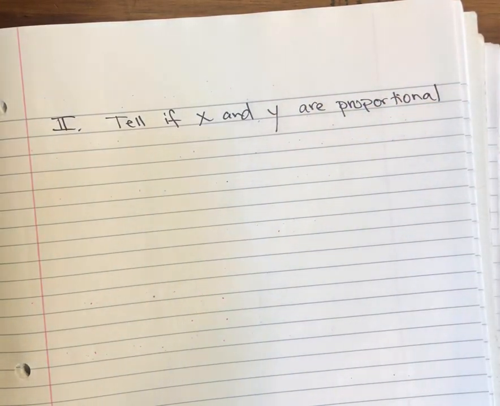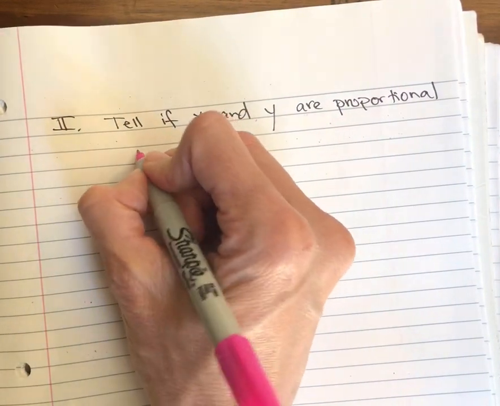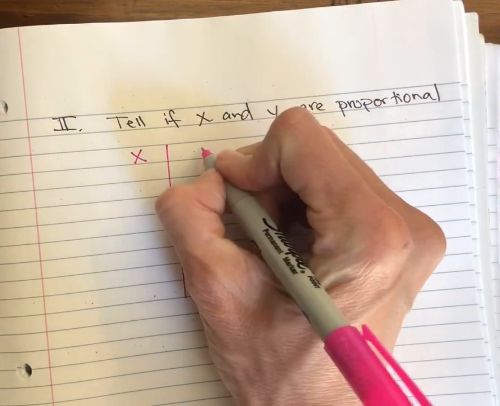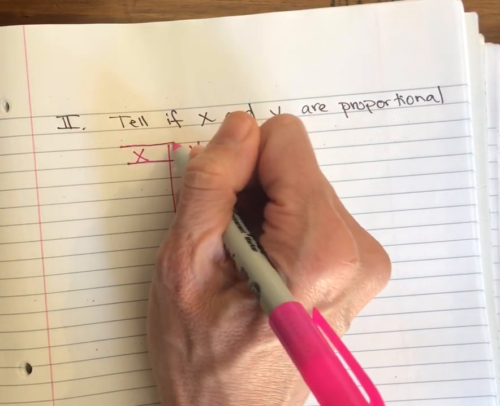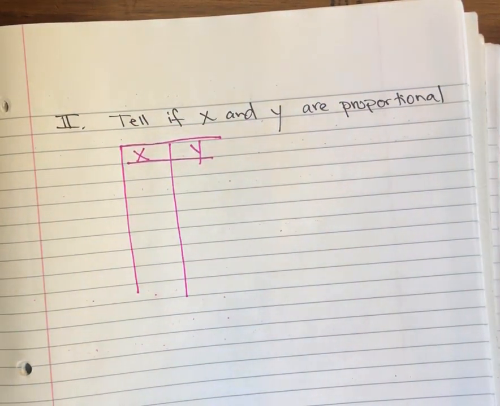Okay, and then you're gonna get a table with X values and Y values. So let me just set up the table, you start to copy it. I'll get it set up and then I'll start to explain it.